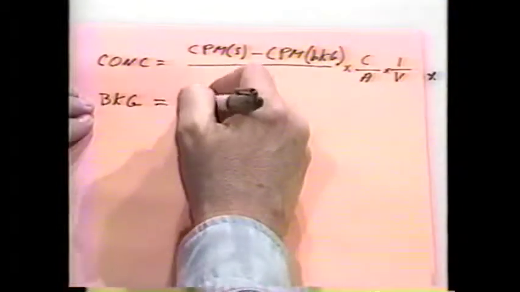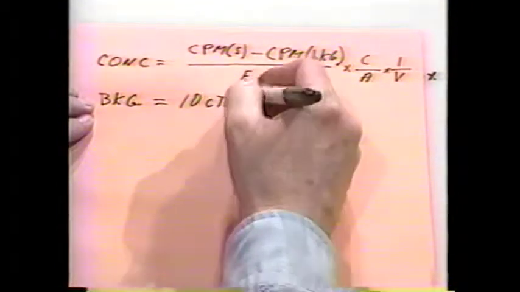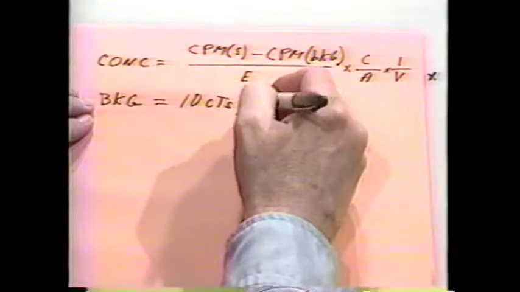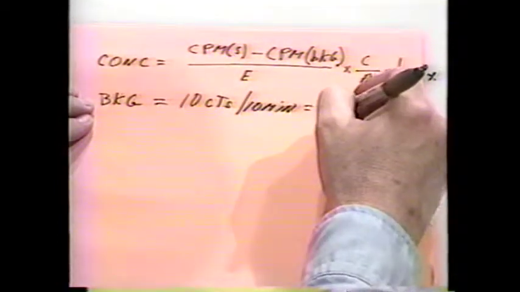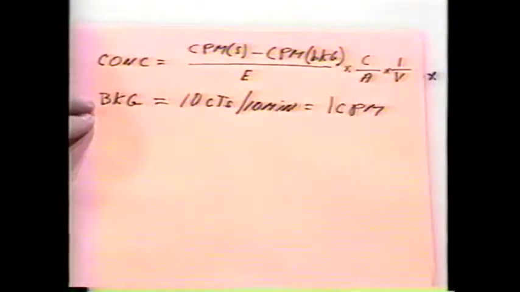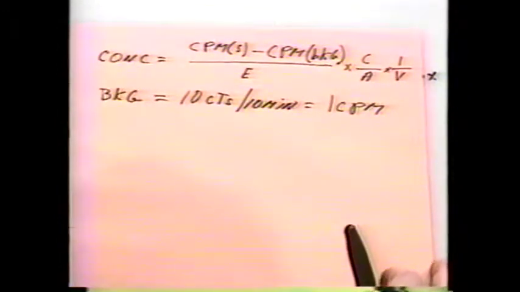Now, that's from a fresh cell. So in that fresh cell, suppose that the background came out to be, I'm choosing easy numbers for myself, 10 counts in 10 minutes, which is 1 count per minute. I choose easy numbers for myself, and then in the problems that you'll do, we'll make those a little more challenging for you. So we have a background of 10 counts per 10 minutes, so that's 1 count per minute, and that's the background here.